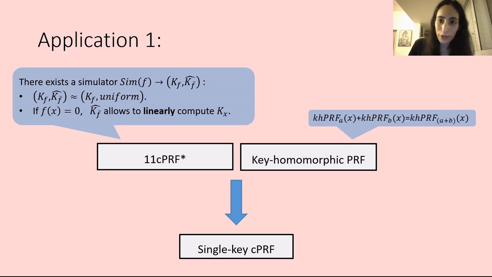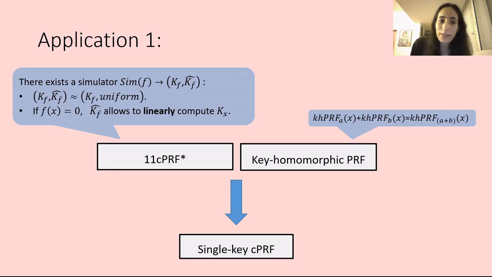And this special value needs to have the following two properties. First of all, I want this k hat to be distributed uniformly, even given k sub f. This is similar to what I previously required from k sub x for x that is not authorized by f. And in addition, I want that this k hat would allow me to compute k sub x, but only for x that are not authorized by f. And I want this computation to be linear.